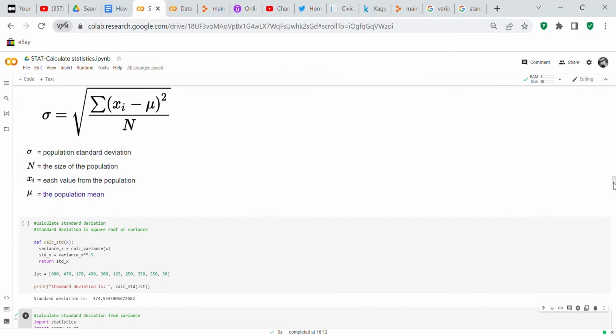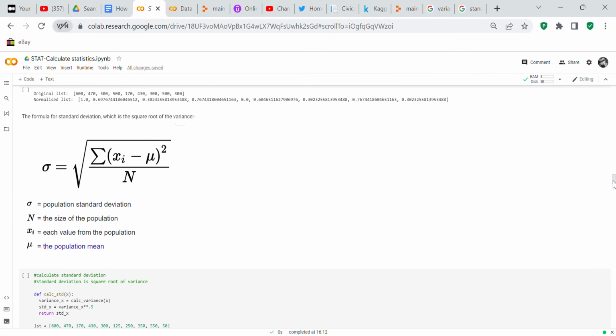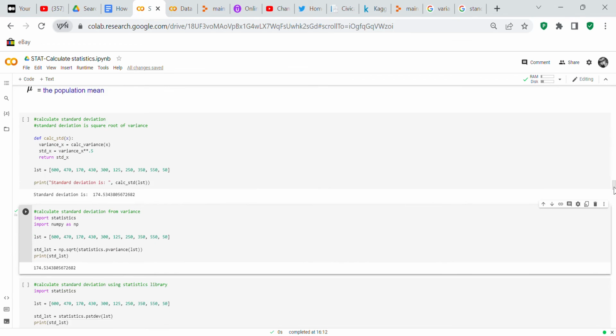So again, here's our formula for standard deviation. And I made my own little formula to calculate standard deviation, but if I went over it with you in detail, I would have to go over the function that I made for variance. And then whenever I went over the function that I made for variance, I would also have to go over the function that I made for the mean.